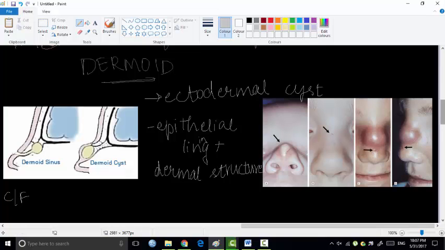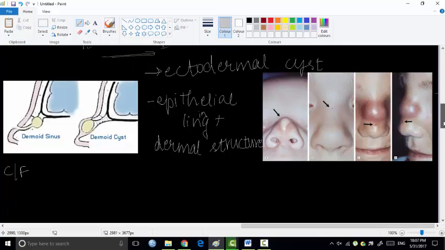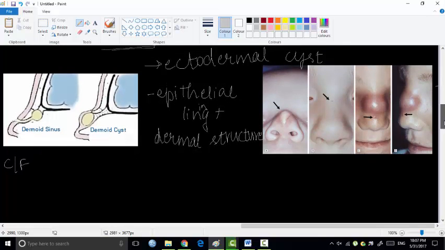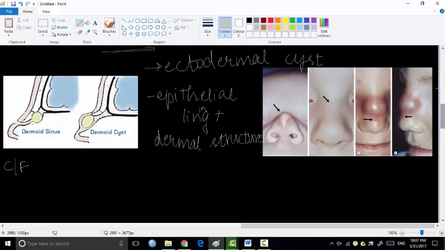So this is the difference from meningioma, encephalocele or meningoencephalocele or glioma, which we have seen. Even these two are swellings of the nose, but there is no external opening for them. But here you can see, in most of the cases there is an external opening.